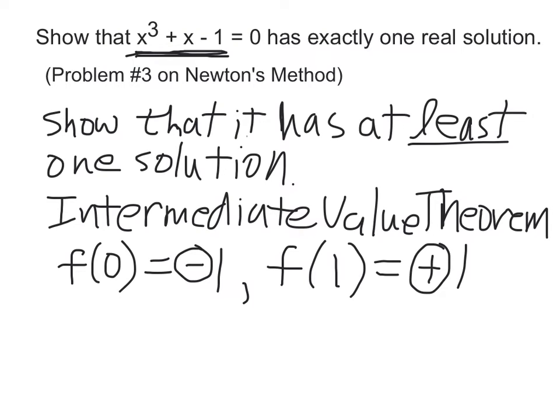So we do have a continuous function, and then the idea, we could take a quick look at the graph. F of 0 is -1. When x is 1, y is +1. And the graph is continuous.